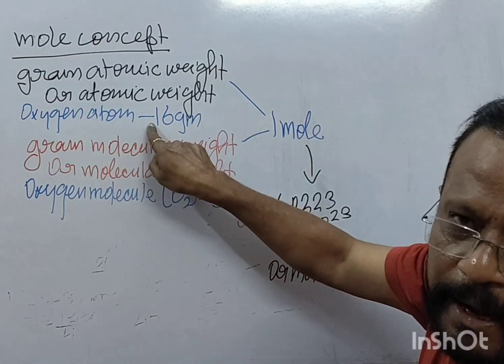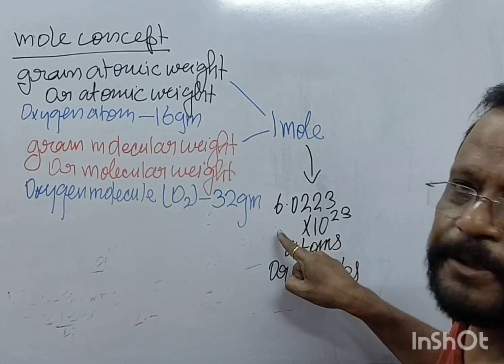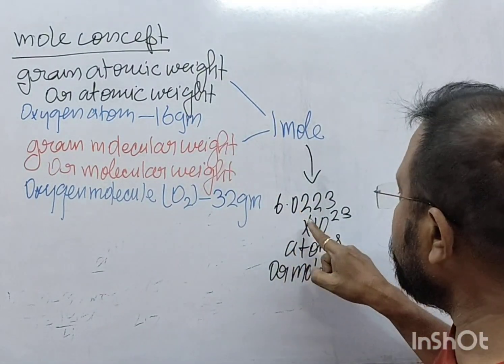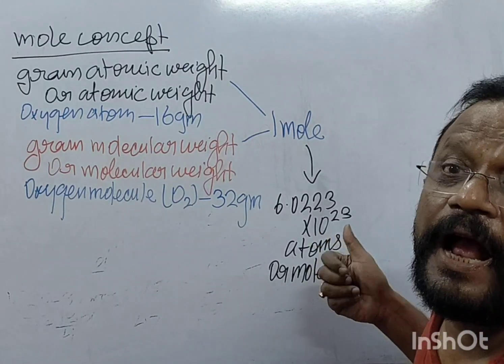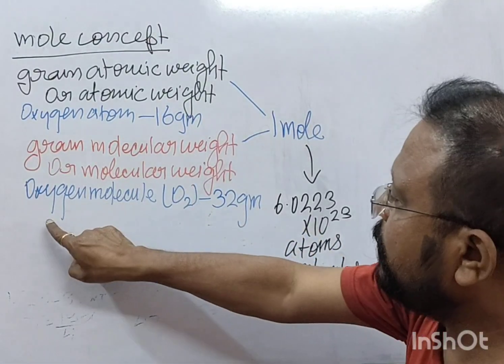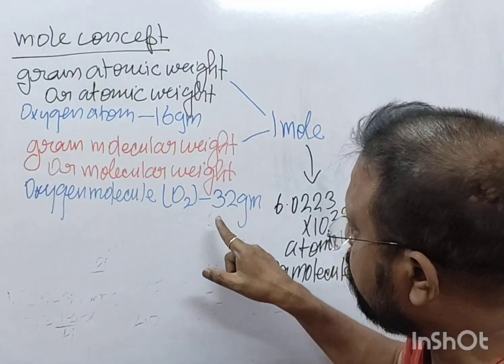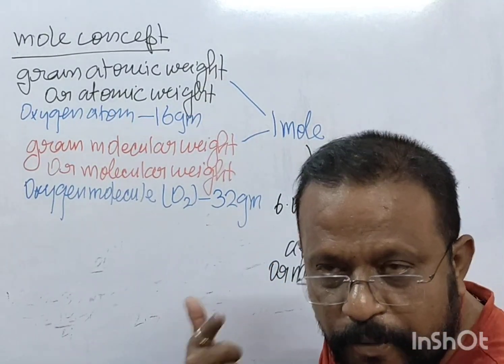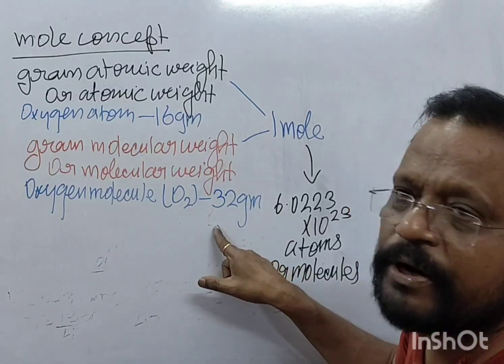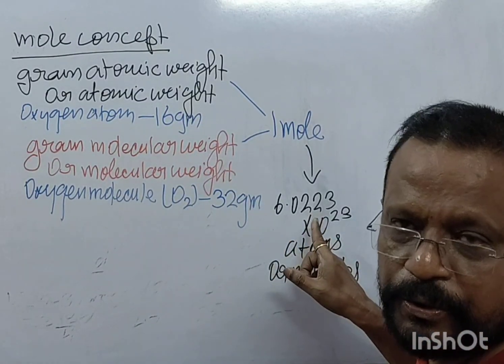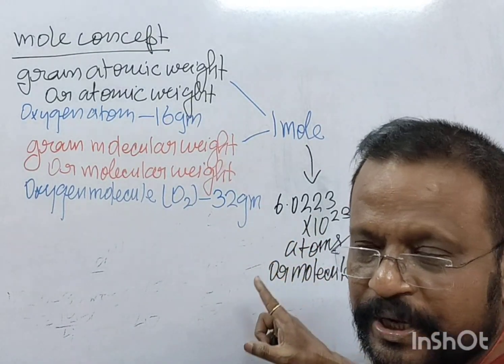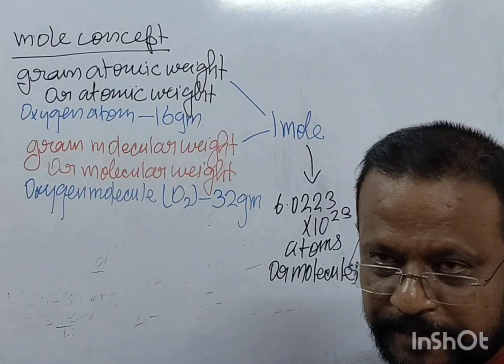That means 16 gram is having 6.022 into 10 raised to the power 23 atoms, and 32 gram of oxygen molecule. When we talk about molecular mass, 32 gram is equal to 6.022 into 10 raised to the power 23 molecules.